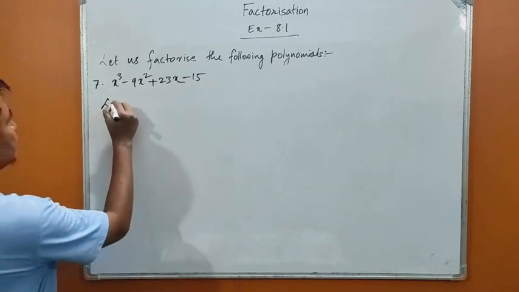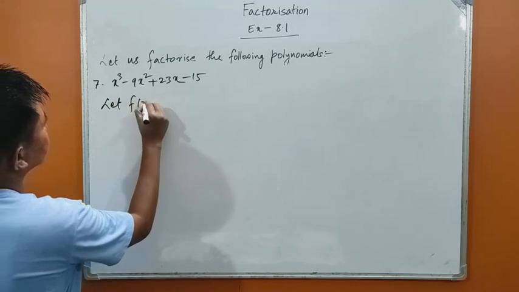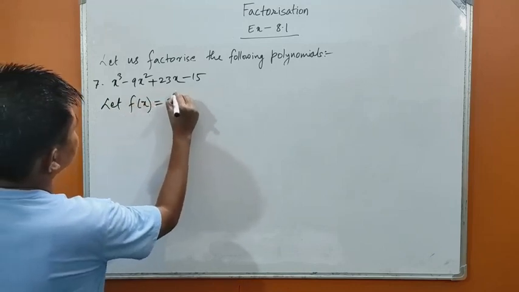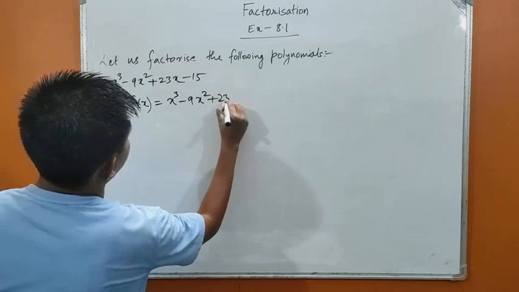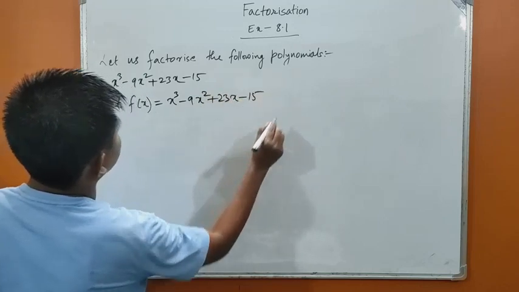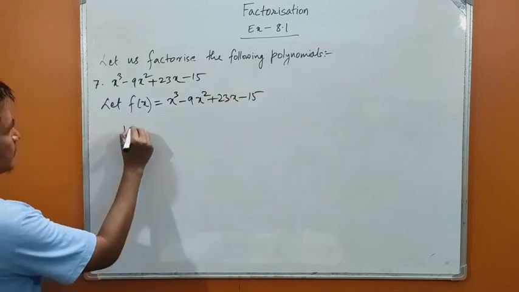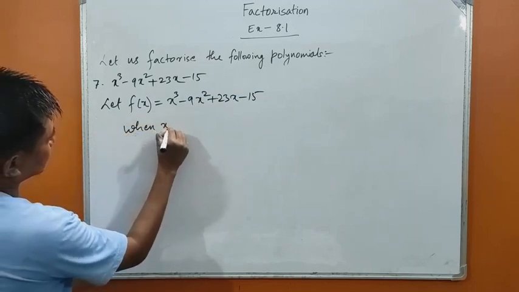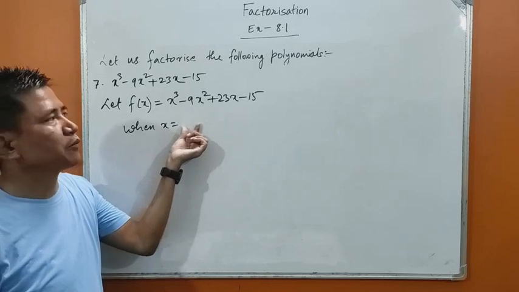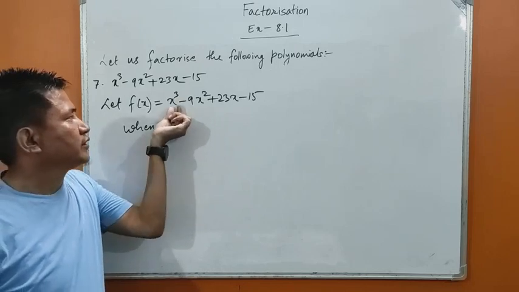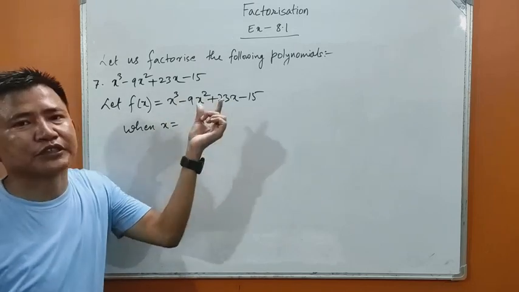So let f(x) equals x cube minus 9x square plus 23x minus 15. Now we must suppose a value of x such that when we put it in this expression, it becomes 0.